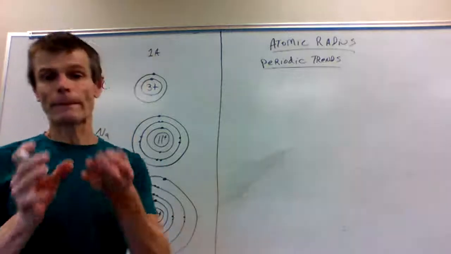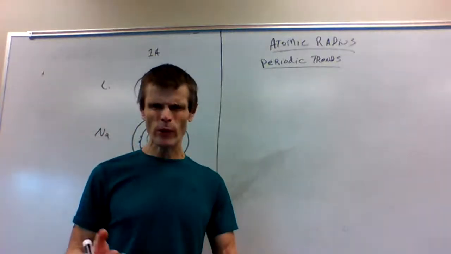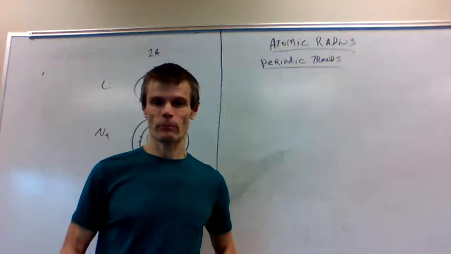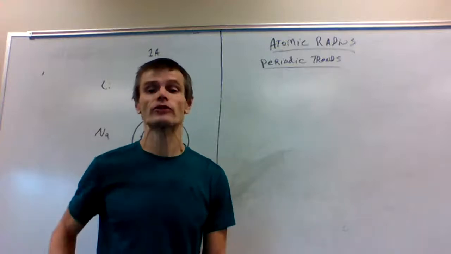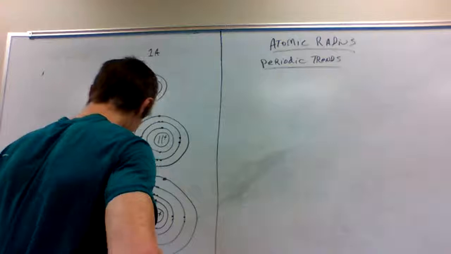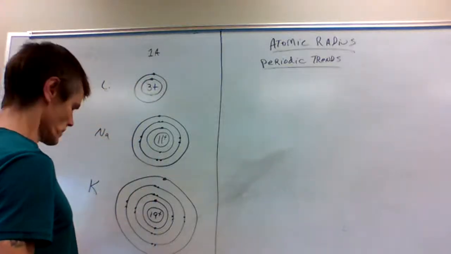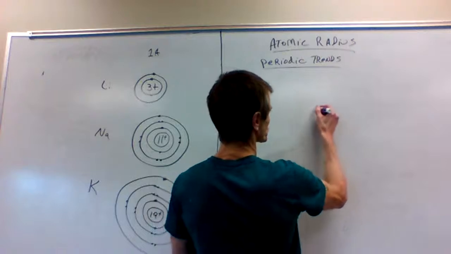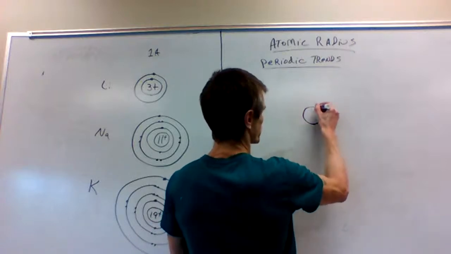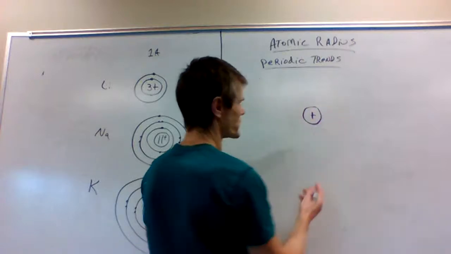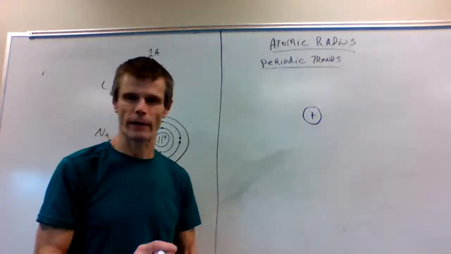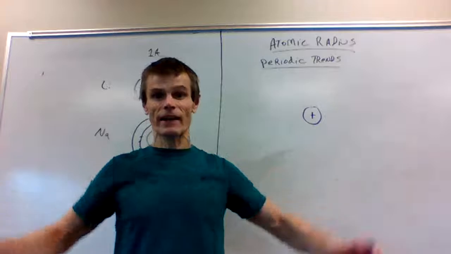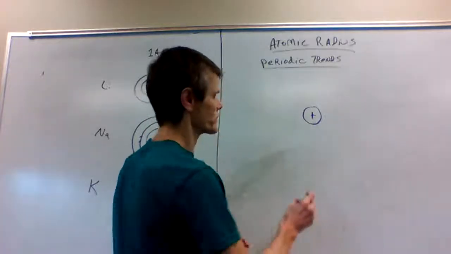Let's first of all think about what atomic radius is. What do we mean when we're looking at the radius of an atom? What are we essentially focused on? When we think about the radius of an atom, remember an atom has a positively charged nucleus that has protons in it, and that's that positive charge I show there. And what we're looking at is the dispersion of electron density away from the nucleus.